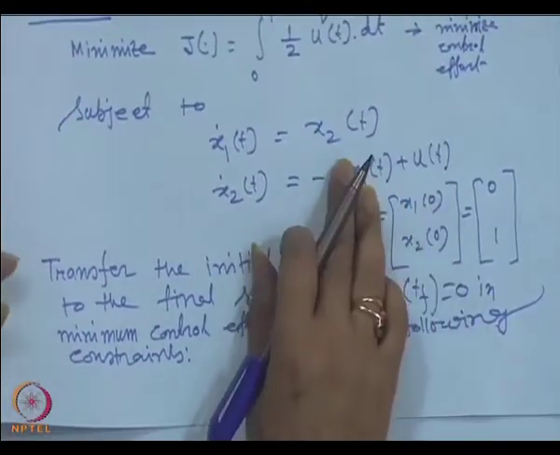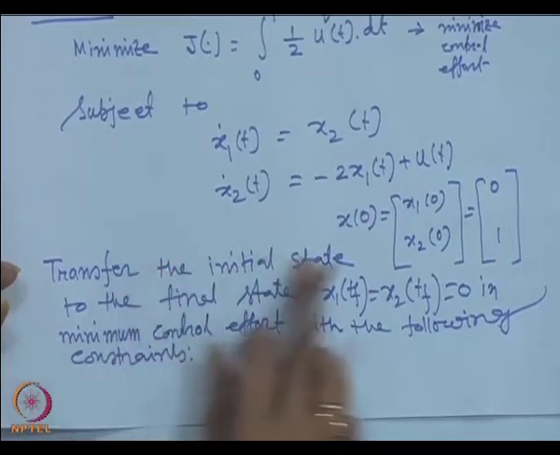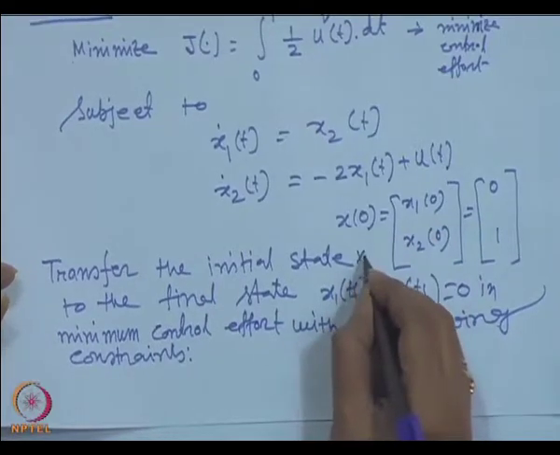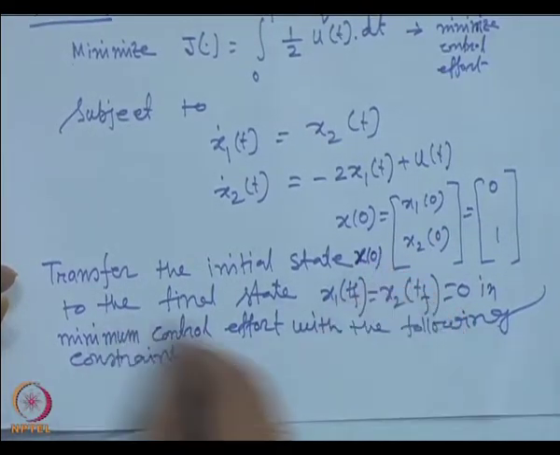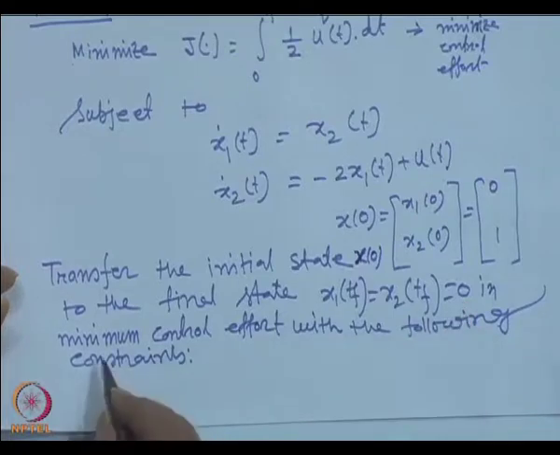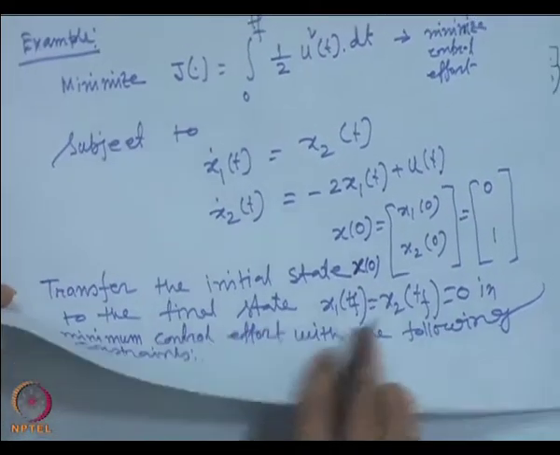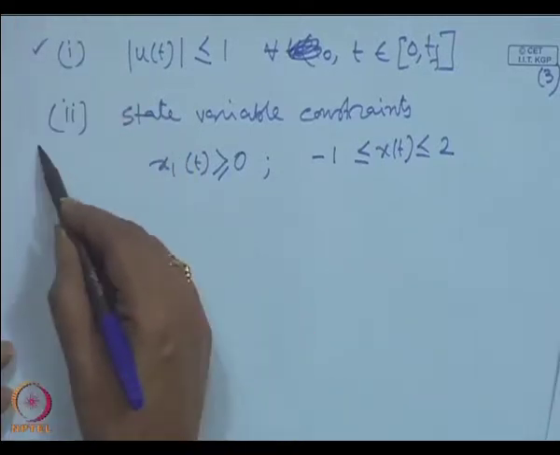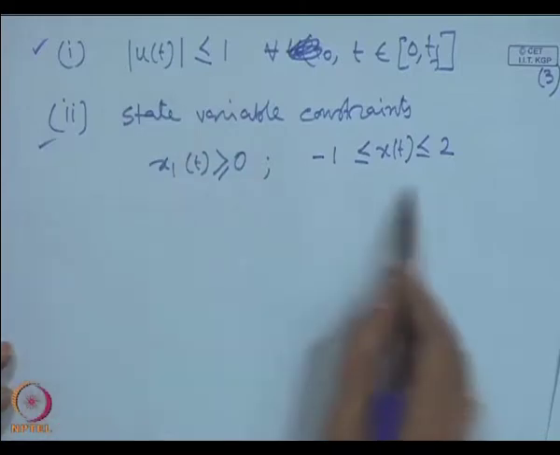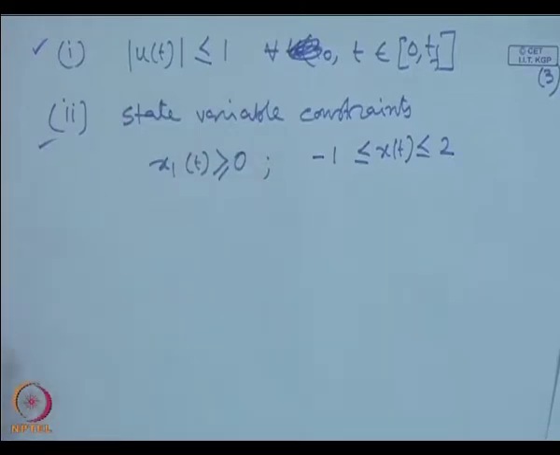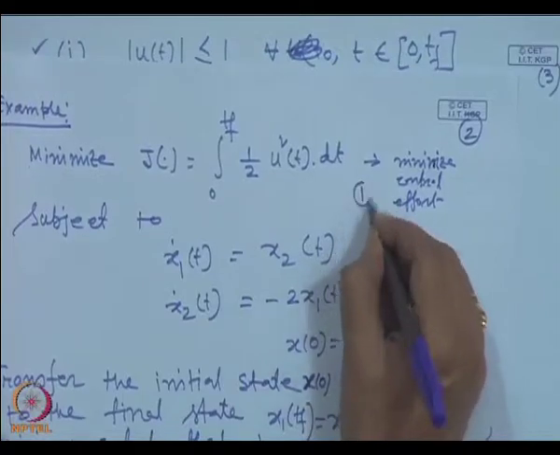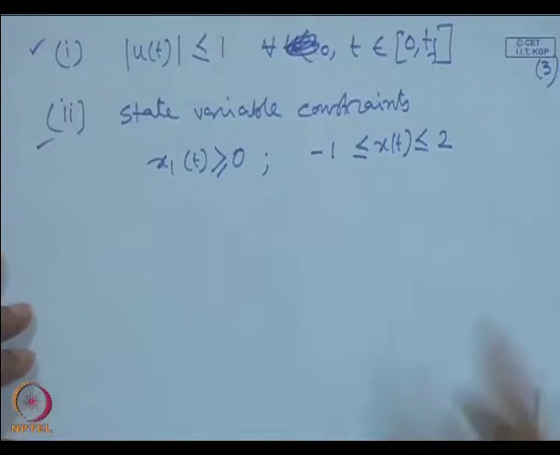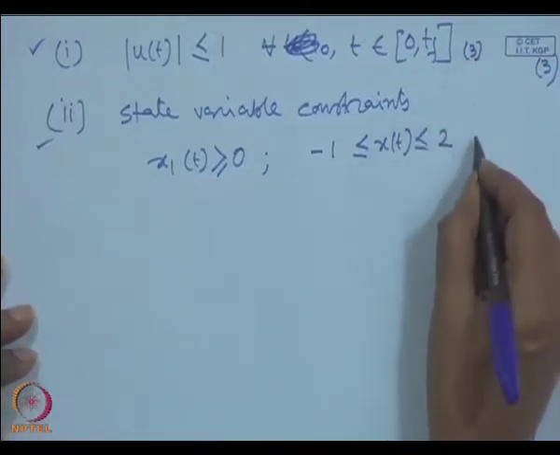We have to transform the initial state x of 0 to the final state at the origin with minimum control effort, with the following constraints: the input constraint and the state constraint. Let us call this equation number 1, this equation number 2, these constraints equation 3, and this equation 4.